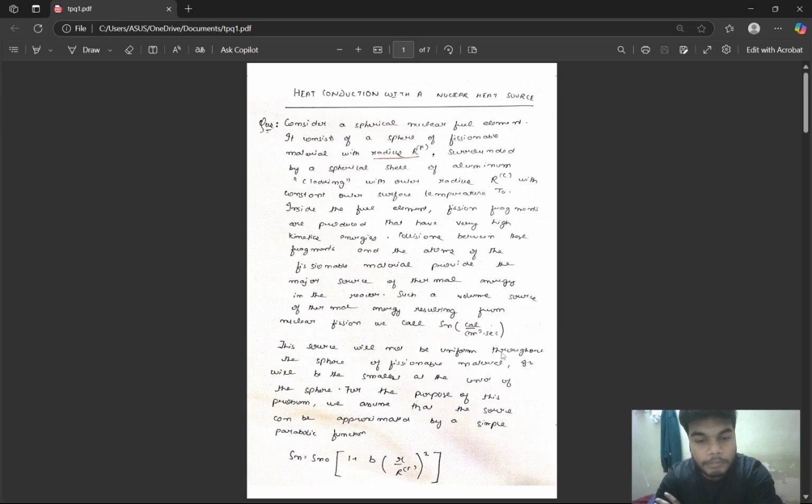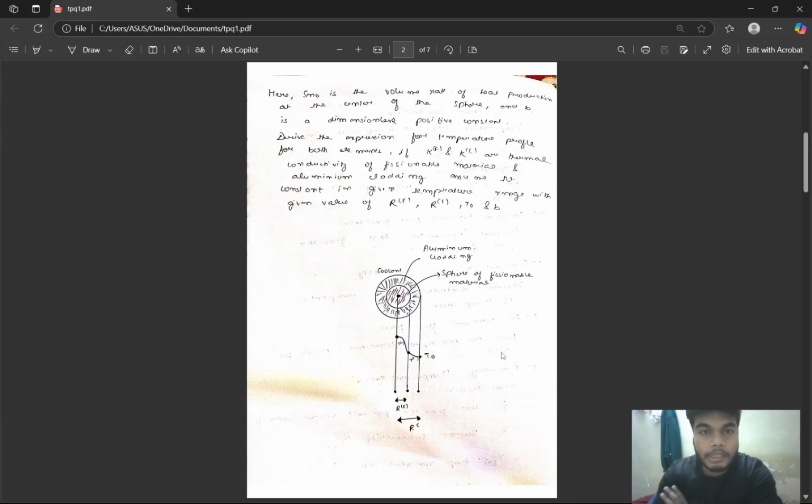For the purpose of this problem, we assume that the source can be approximated by a simple parabolic function given by Sn equals Sn0 times (1 plus b times (r/Rf) squared). Here, Sn0 is the volume rate of heat production at the center of the sphere and b is a dimensionless positive constant. Now we have to derive the expression for the temperature profile for both elements.